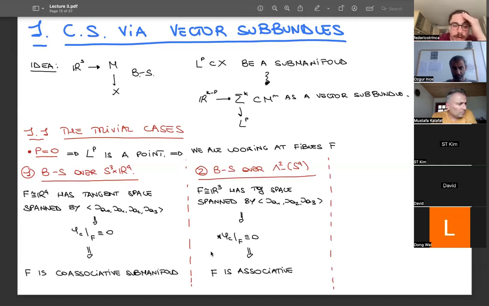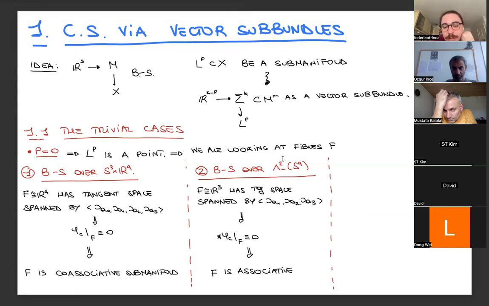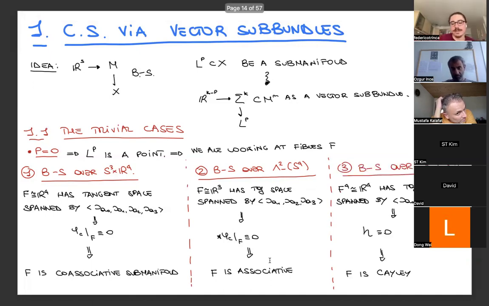In exactly the same way, if you pick the fiber of Λ^2_- of S^4, so you're just looking at one point of S^4 and the fiber of this bundle, then the tangent space is once again spanned by dA_1, dA_2, and dA_3, and we satisfy the associative condition here. So these are all associatives. The exact same thing works for the negative spinor bundle of S^4.